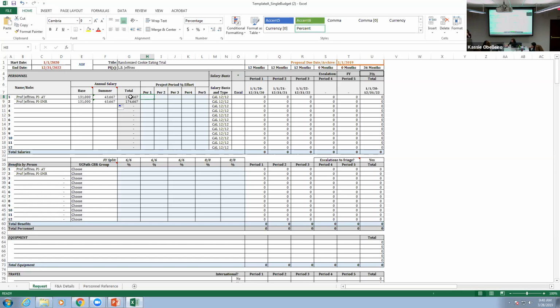And I always like to think of this as, if we didn't put this in here, and we just did 10% effort, and we just had 131, that would be 10% of 9 months, but it doesn't tell you what your overall effort was, right? And so it's important to say, what is 10% of my annual, everything I can do equal?